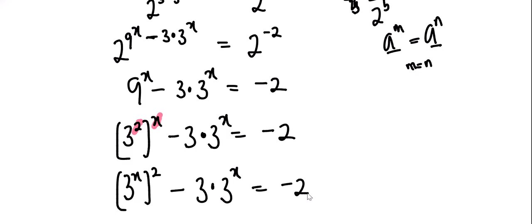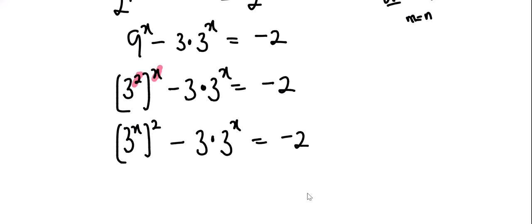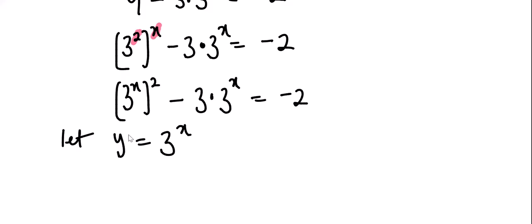We plug in y for 3^x, so this is y, and this is also y. So I have y to the power of 2 minus 3 times y equals negative 2.